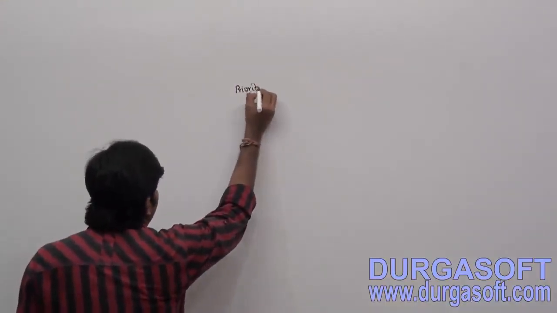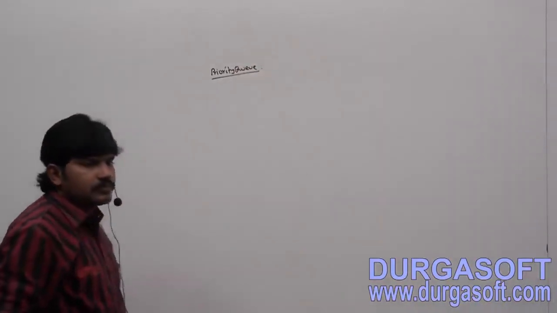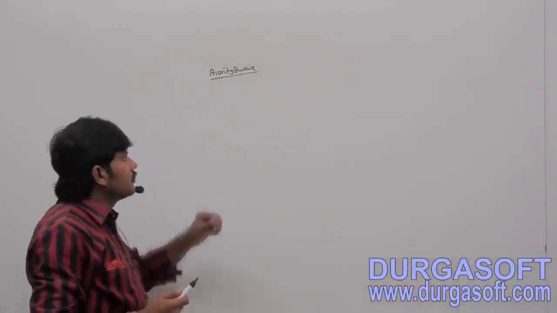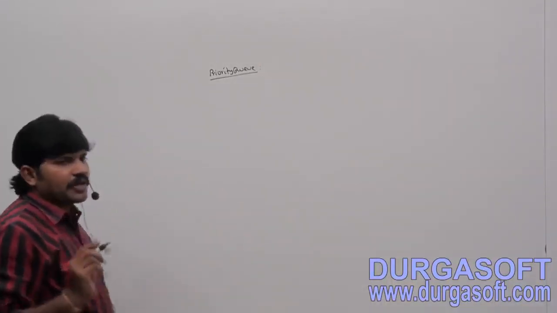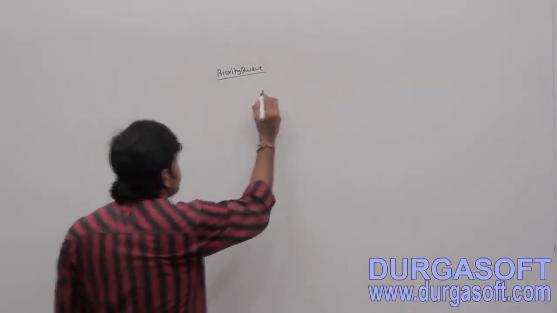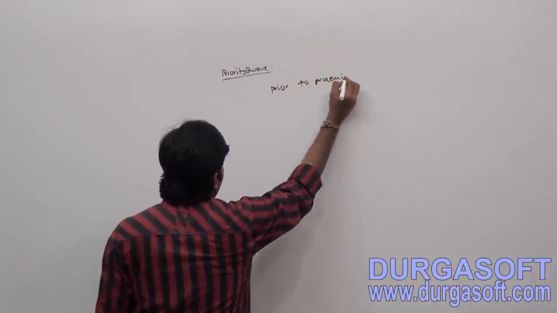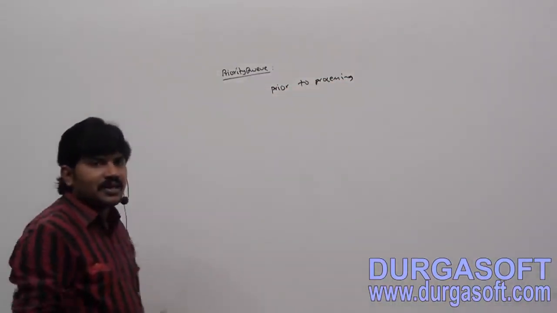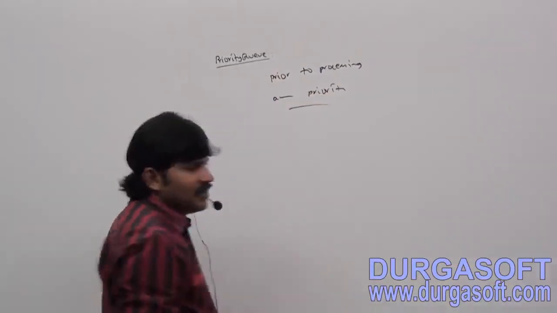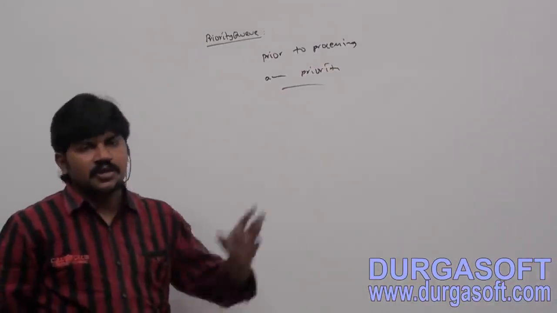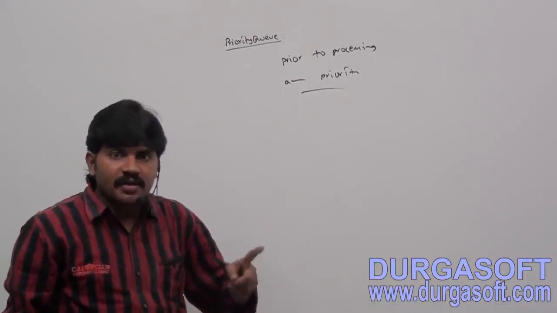Keep a subheading: PriorityQueue. So if you want to represent a group of individual objects prior to processing according to some priority, then we should go for PriorityQueue. It is a queue only, but the only specialty is that all the elements will be inserted according to some priority.